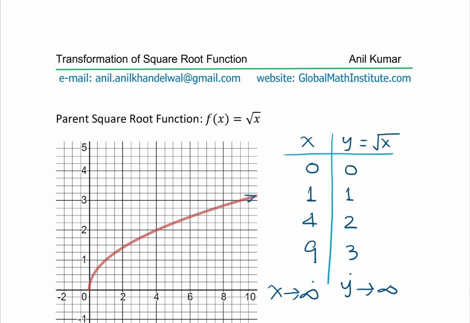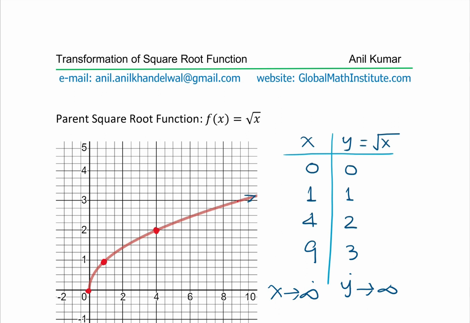So let me mark the critical points on the graph which we are going to always consider while doing transformation. So 0, 0 is one of them, and then 1, 1, which is right there. And then we have 4, 2, and we have 9, 3.